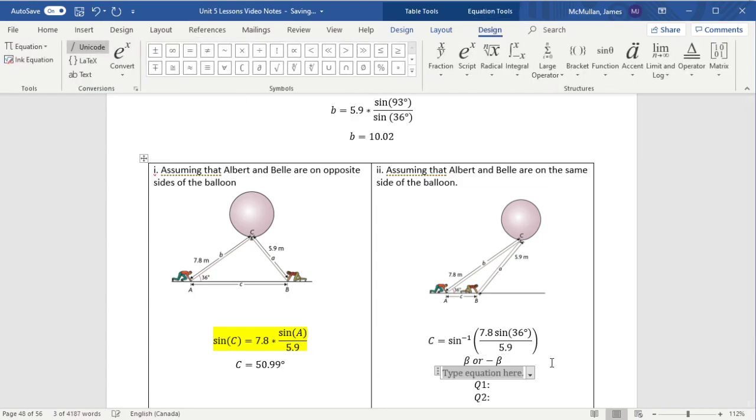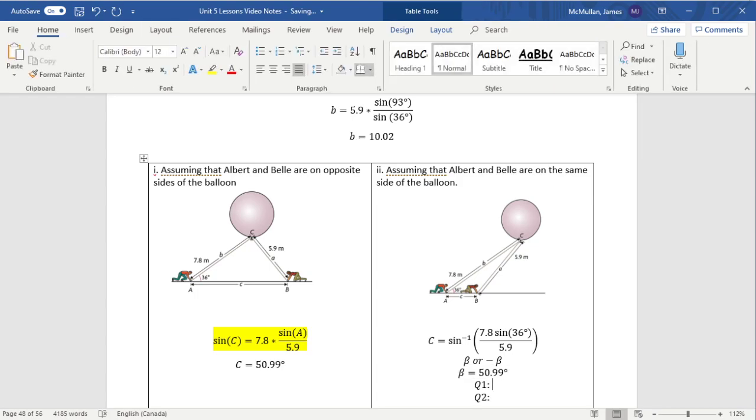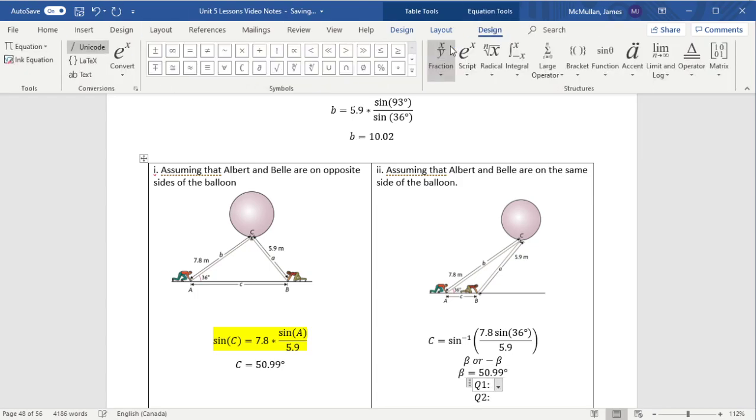So the correct thing to say is that beta is 50.99, and your answer in quadrant 1 is that theta equals beta, so theta equals 50.99 degrees.